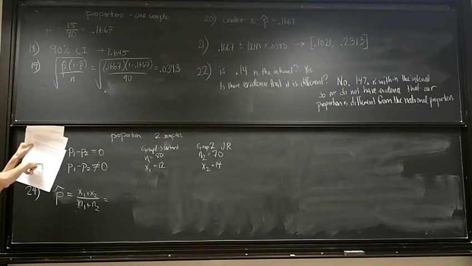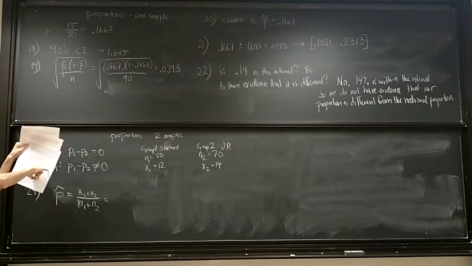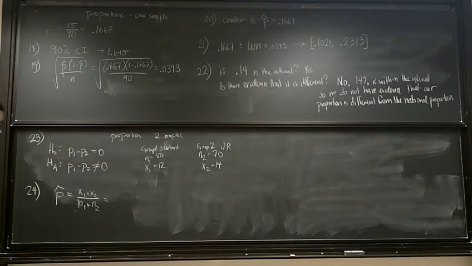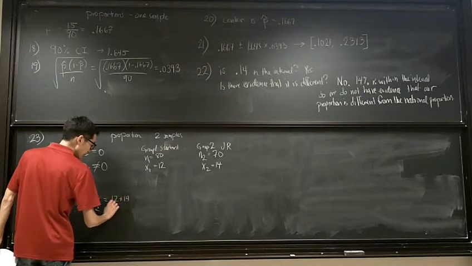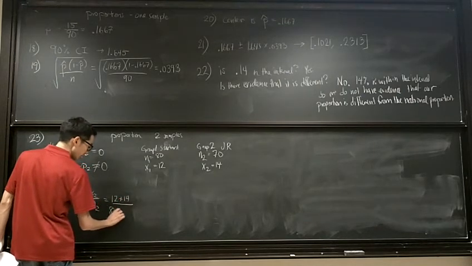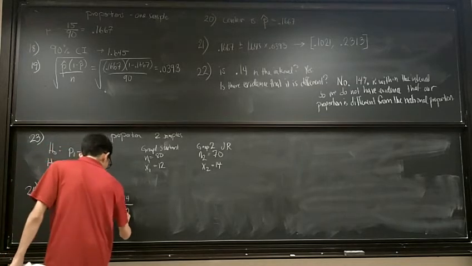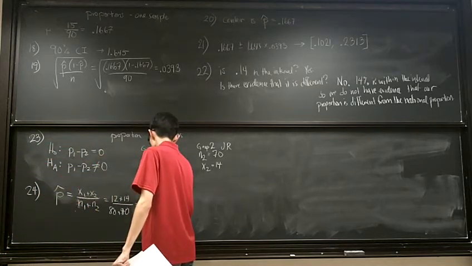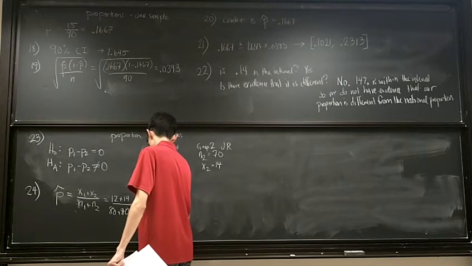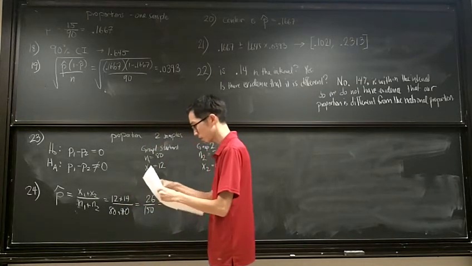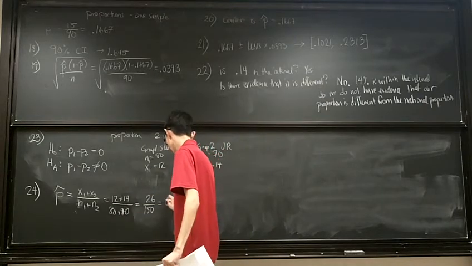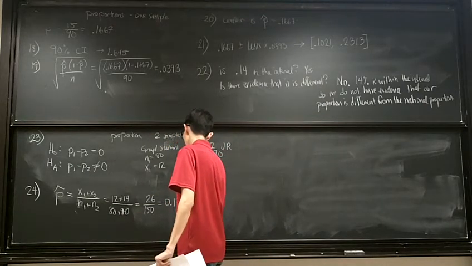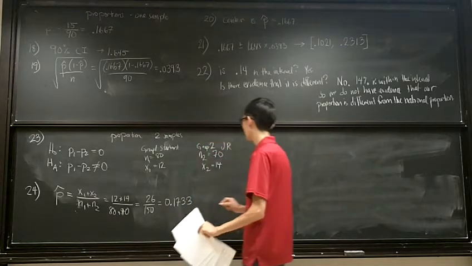For two sample proportions, you need to figure out p hat: add up the total successes and divide by the total observations. So I have 12 plus 14 divided by 80 plus 70. So I have 26 over 150, and that turns out to be 0.1733. That is my p hat.